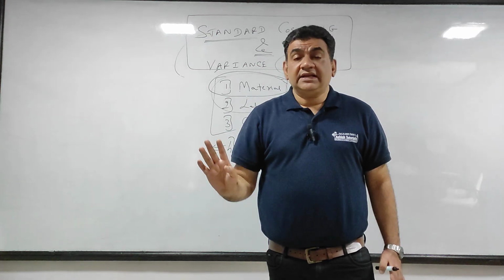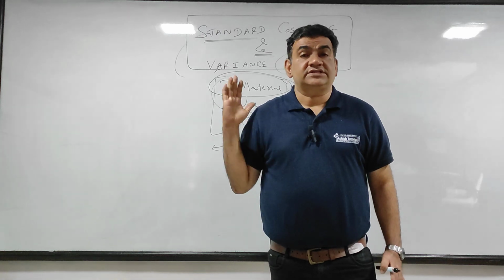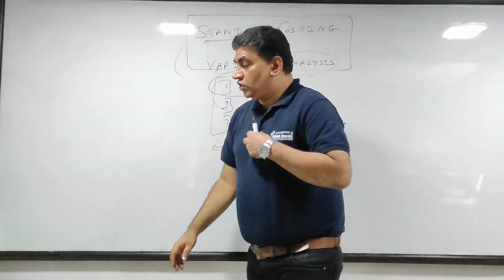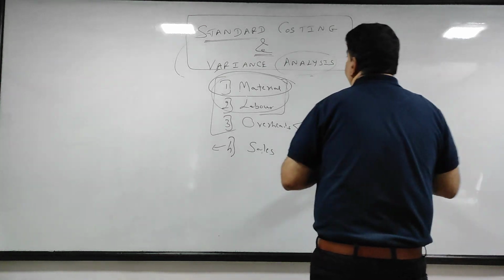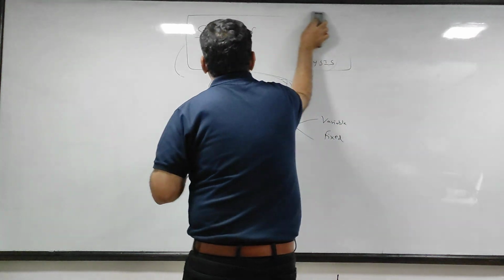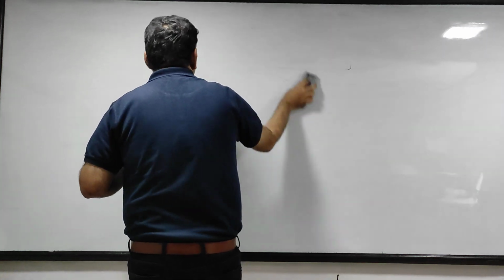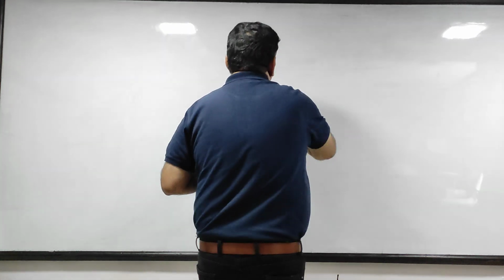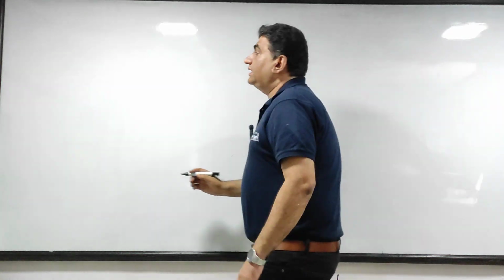I will tell you when to use all 5 when I start with the sum. Okay guys, what I am going to do right now is the first part of this chapter, material variances. We will start today with material variances.